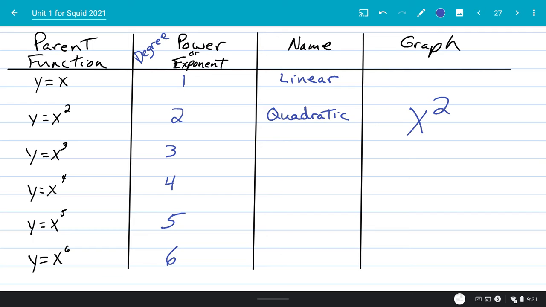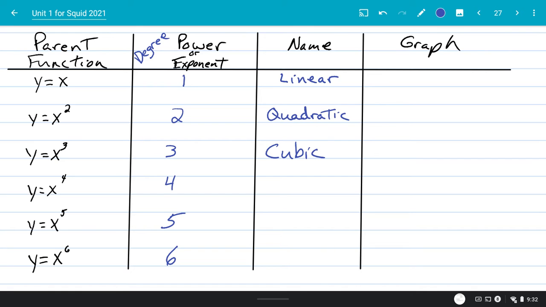Something to the second degree is called squared. How many sides does a square have? 4. Thus, quadratic. It's called quadratics because of that. Are you with me? I don't know if that'll help you remember it or not, but something to the third power is cubic.